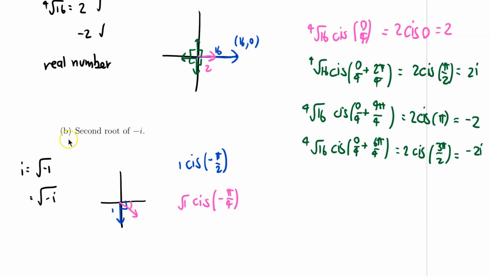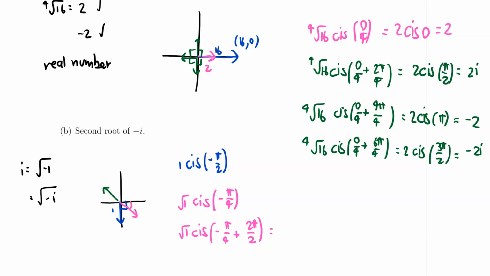Now, there should be two second roots of negative i, and they should spread out in the complex plane. So the other one is going to be this green vector here. It's just going to point in the opposite direction as my pink vector here. Or if I were to use the formula, that's going to be 1 cis of negative pi over 4 plus 2 pi over 2.